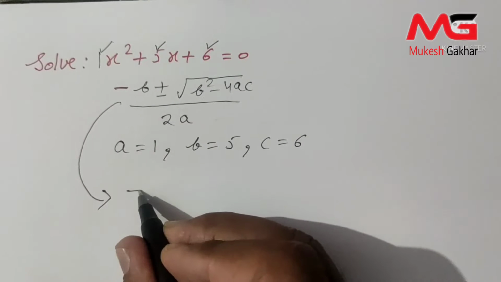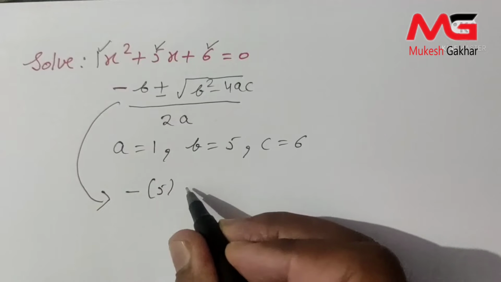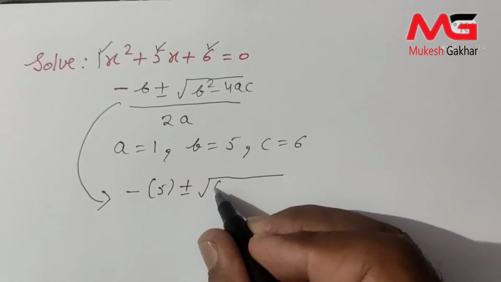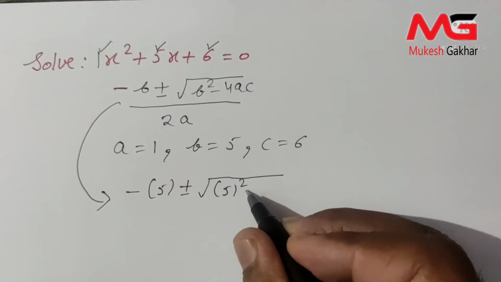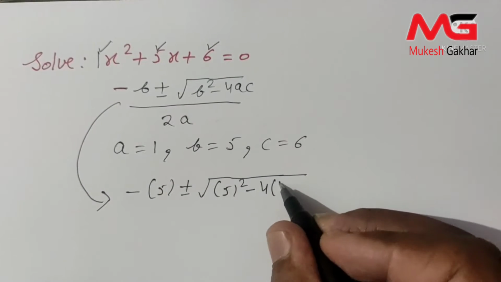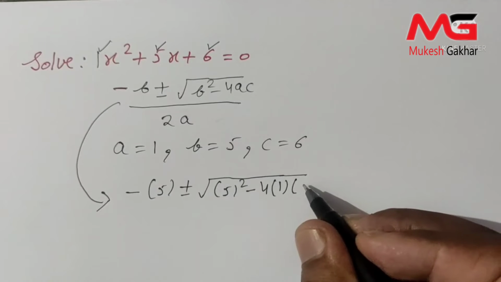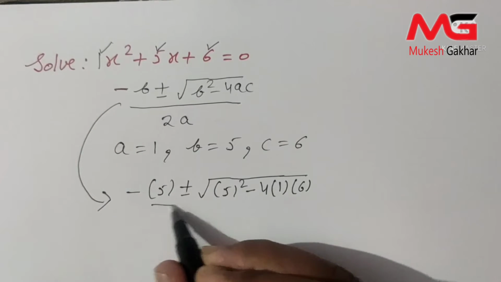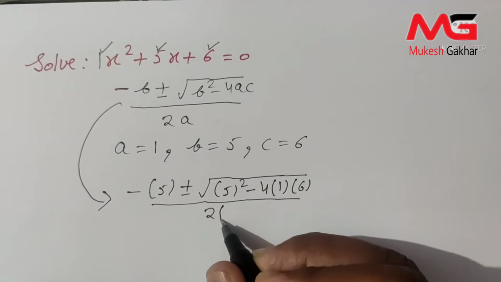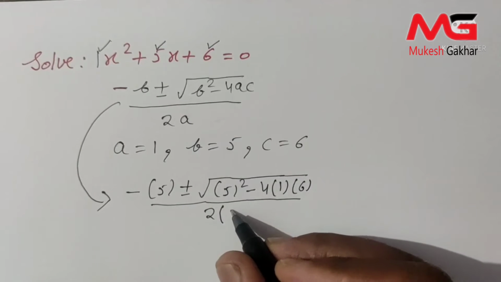So you can write minus the value of b, which is 5, plus minus square root of b square, means 5 square, minus 4 into a, the value of a is 1 and the value of c is 6, divided by 2a, 2 into a, a is 1.